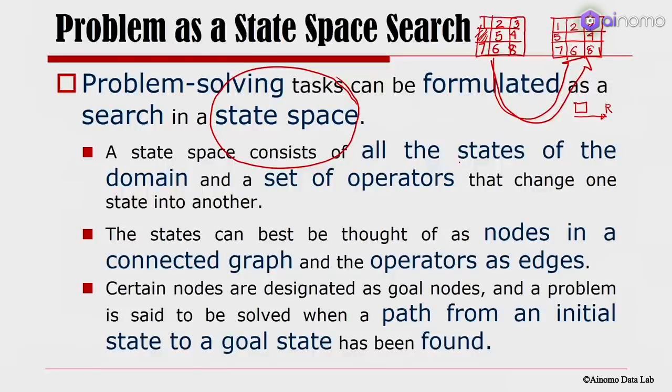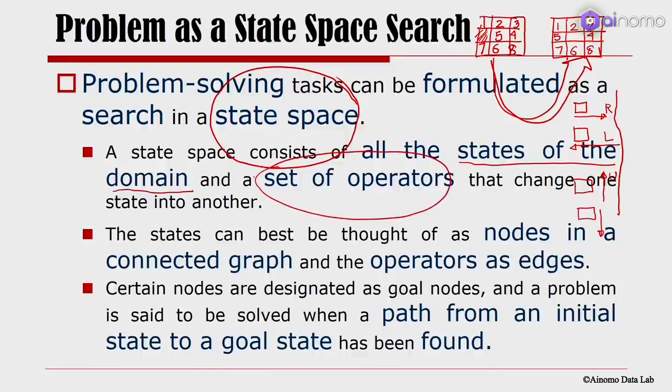So all of these states of the domain and all of these operators that I have, so we could have 4 operators where the blank goes to the right, the blank could be pushed to the left, the blank space could be pushed up, or the blank space could be pushed down. All these operators generate what is called the set of operators. The states of the domain and the set of operators, once defined, I can think of moving from one state to the other state.